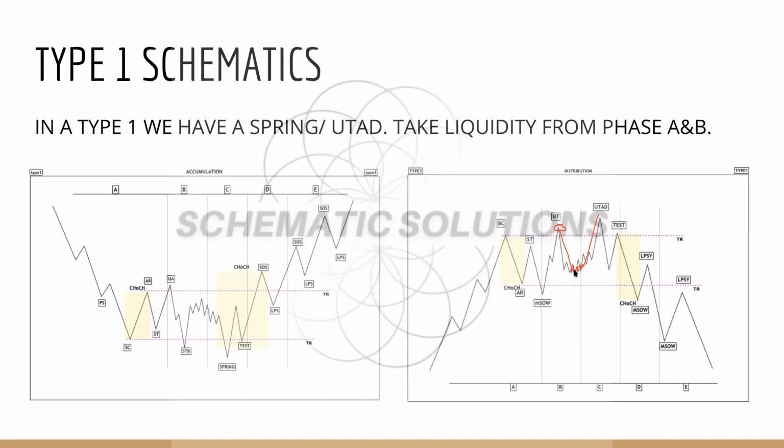So once we trade to 50% and get our UTAD, that confirms this is my upthrust, which is technically our STM phase B. And we just have to wait for our confirmations, which is going to be our break of structure from the upthrust. So SCMB and upthrust are literally the same thing, just flipped upside down. For our confirmation, we needed to trade to 50% and then give us our spring or UTAD.